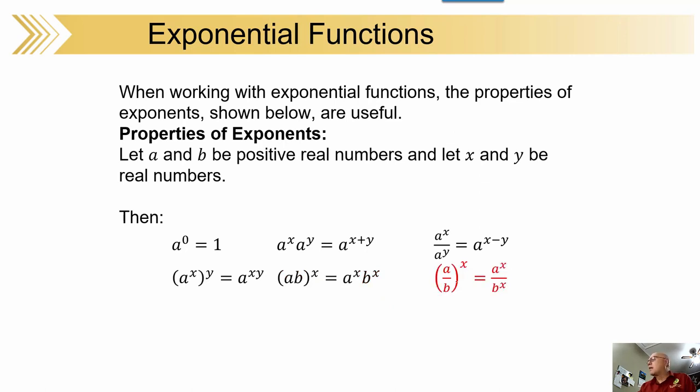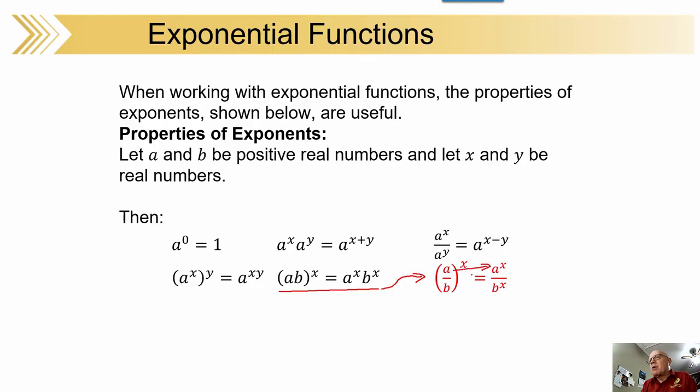And last of all, I think in this group, no it isn't, it's next to last. The former one, the preceding one, is very much like that one. If you've got a quotient inside the parentheses, then each one of these bases gets the exponent.